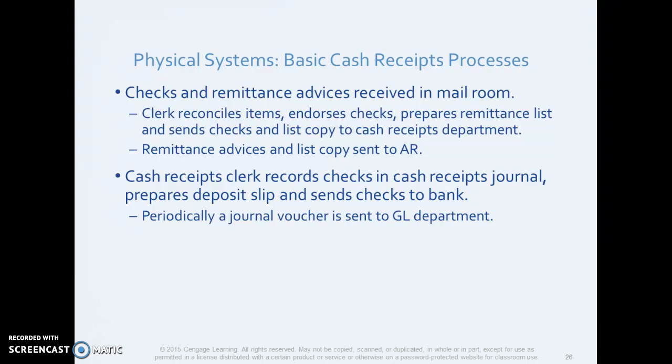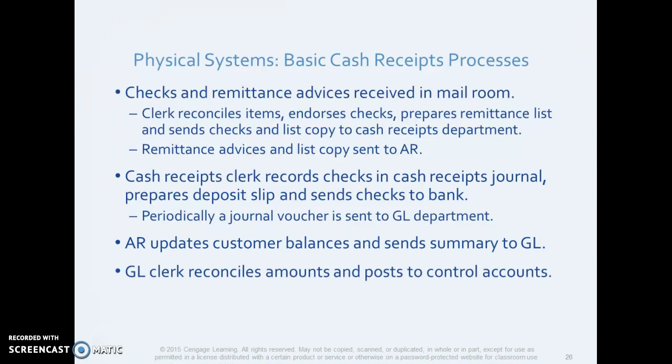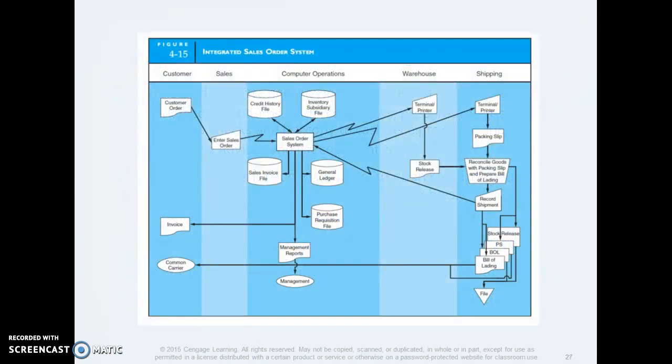The cash receipts clerk records checks in the cash receipts journal, prepares deposit slips, and sends checks to the bank. Periodically, a journal is sent to the GL department. AR updates customer balances and sends a summary to GL. The GL clerk reconciles amounts and posts to control accounts. The controller clerk performs periodic bank reconciliations.